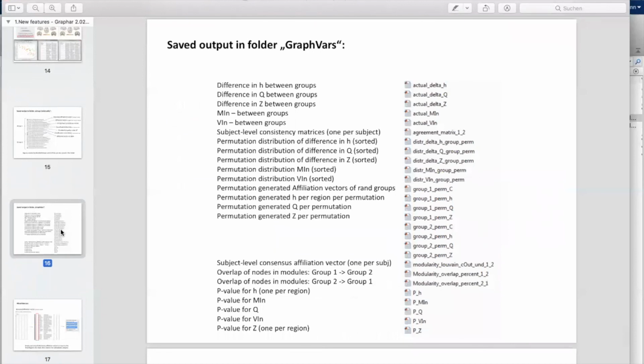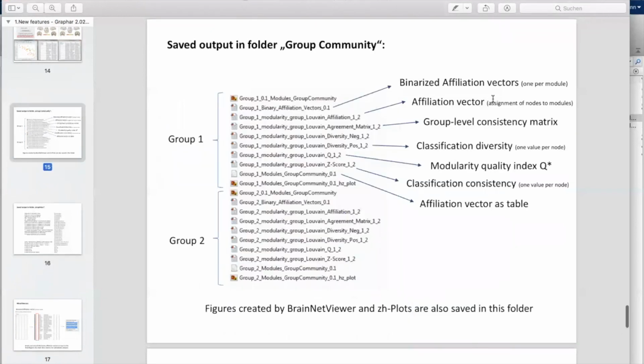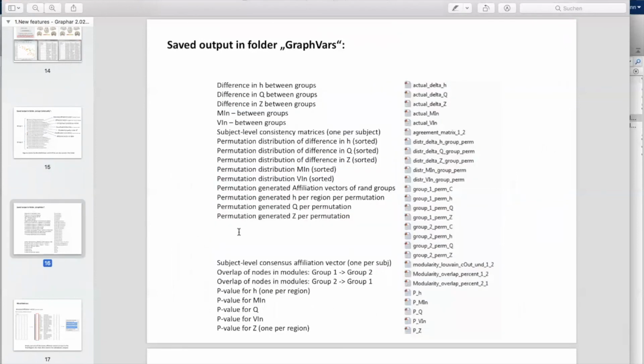Okay. I've spoken about the two-step procedure, so we have the first level and the second level. For the second level, the group level consistency matrix, I've shown you where you can find this, but you can also find it for the first level computations. Here, this would be the agreement matrix, the subject level consistency matrix, generated for one subject after all the computations, on which the final modular assignment for this subject is determined by running the modularity algorithm again.